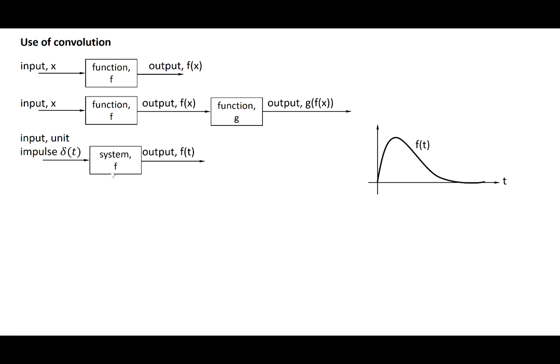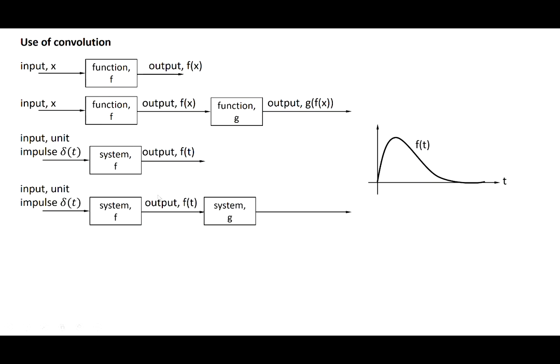Next, let's ask a similar question as we did in the previous case. What happens if you were to give this output f of t to another similar system called g? Why do we call the system g? Well, because if we were to give a unit impulse as an input to this one, it would have produced an output called g of t. That's why we are calling it system g.